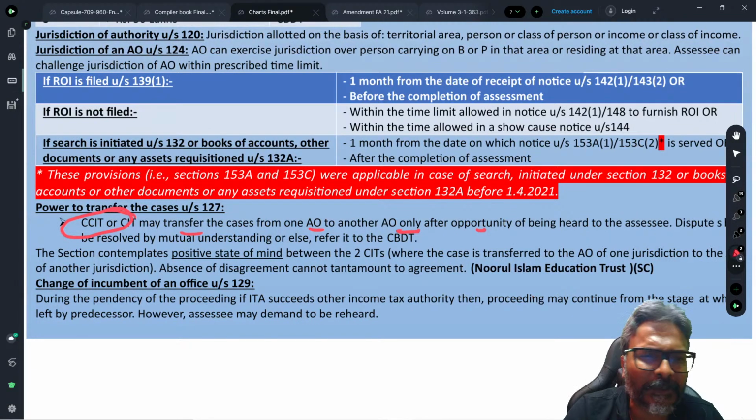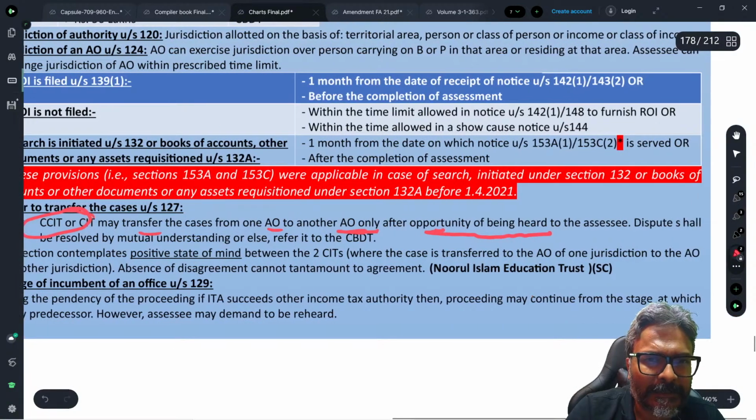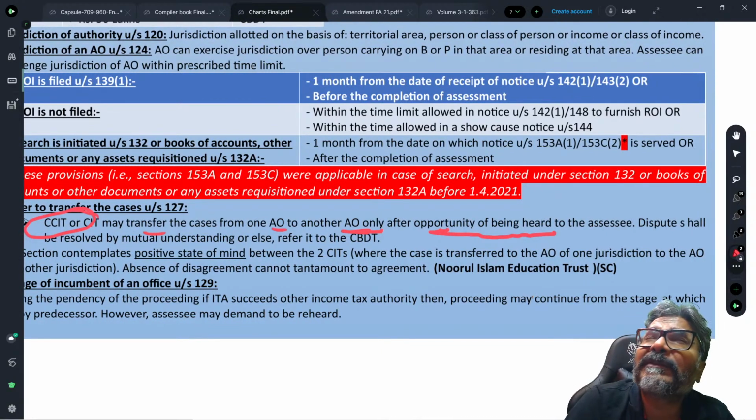Did you all get this one? That exactly is the point: only after the opportunity of being heard has been given to the SSC, if the AO to whom the case is transferred is from another city.